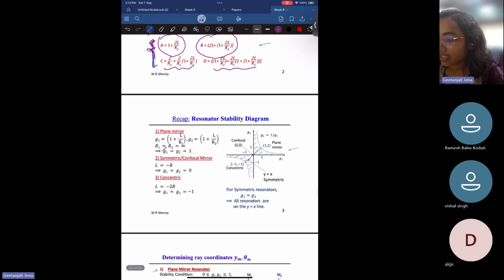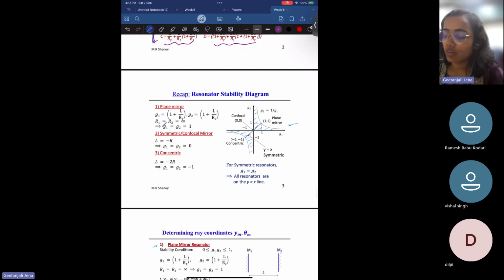Okay. And then we have seen the resonator stability diagram. It's a plot between G1 and G2. So what are G1 and G2? G1 is 1 plus L by R1 and G2 is 1 plus L by R2.